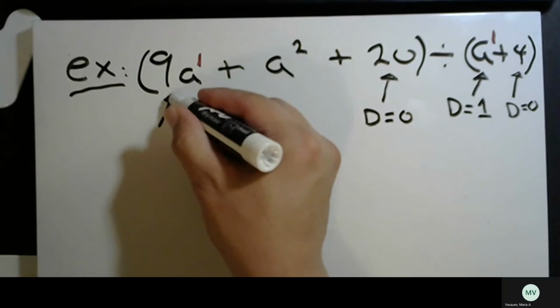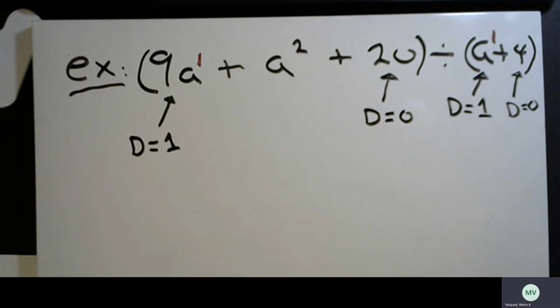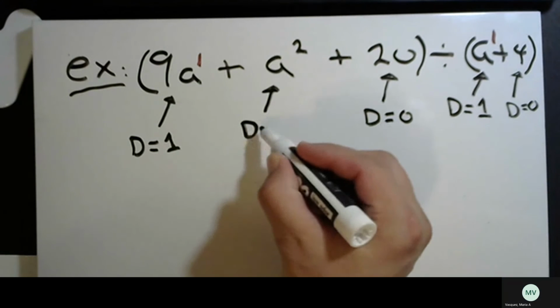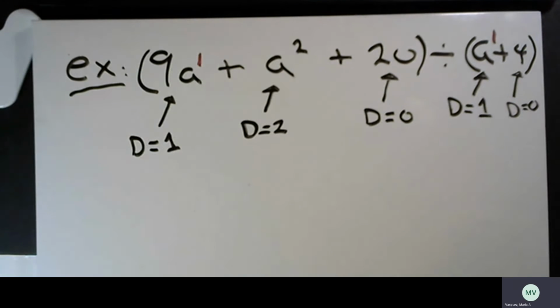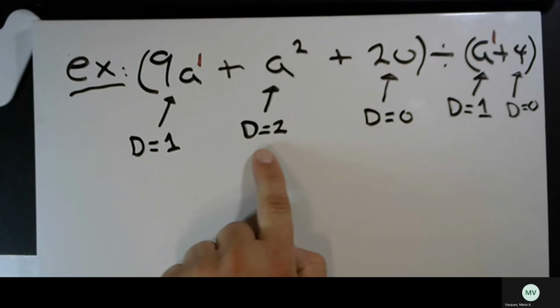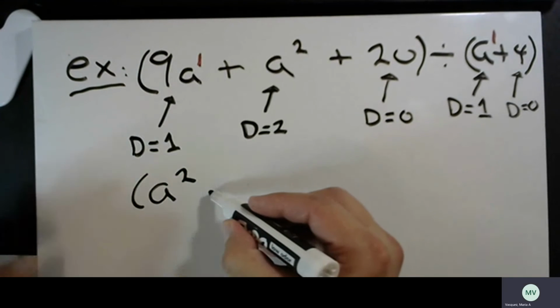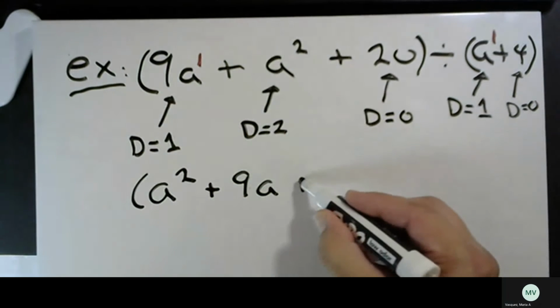This entire term that has the 9 attached to it is still only a degree of 1, because we're only looking at the exponent. Now this one, because it has an exponent of 2, has a degree of 2. What this means is that when we put this in standard form, the highest degree term is first, then the next highest, then the next highest.